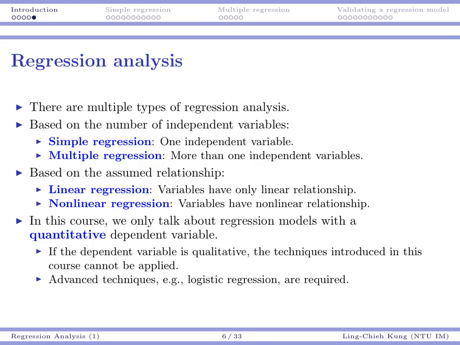You need some advanced techniques, for example, logistic regression, to deal with those kinds of problems. So please keep in mind, for this course, we only deal with dependent variables that are quantitative, or whose values are continuous.